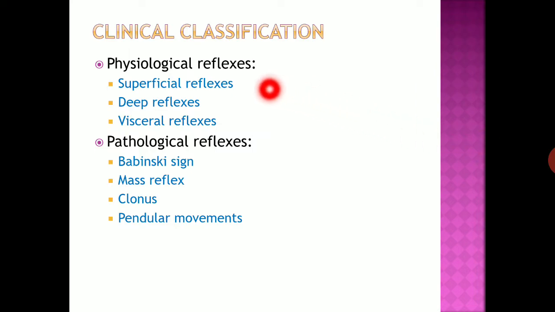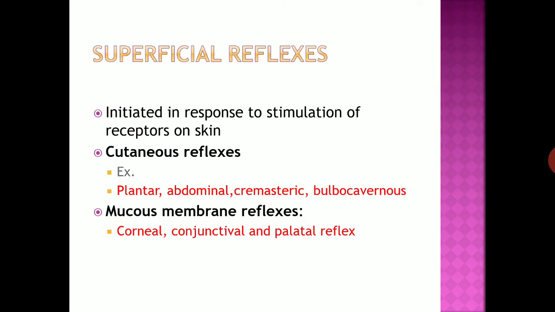Clinical classification, physiological reflexes and pathological reflexes. Physiological reflexes examples are superficial reflexes, deep reflexes, and visceral reflexes. Pathological reflexes are Babinski sign, mass reflex, clonus, and pendular movements. Now detail.